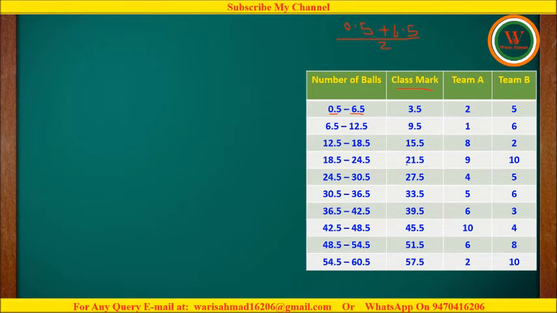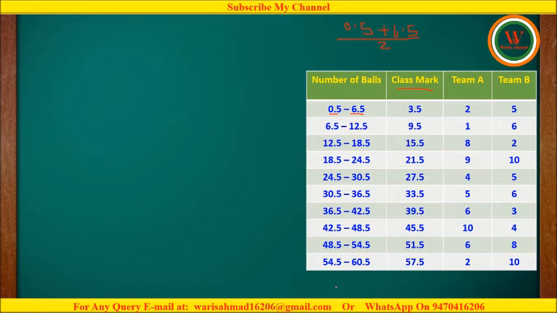Similarly, 21.5, 27.5, 33.5, 39.5, 45.5, 51.5 and 57.5. Then we have to write down the runs scored by team A and the runs scored by team B also. Now we are ready to plot all this data in the form of a frequency polygon.